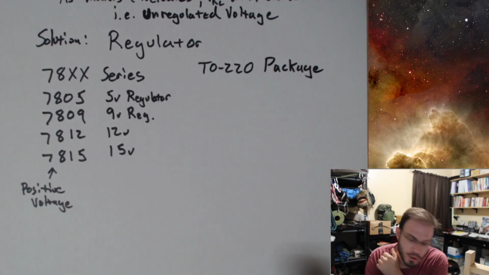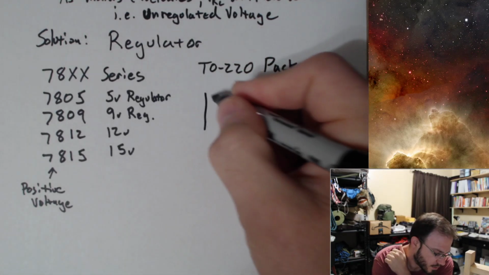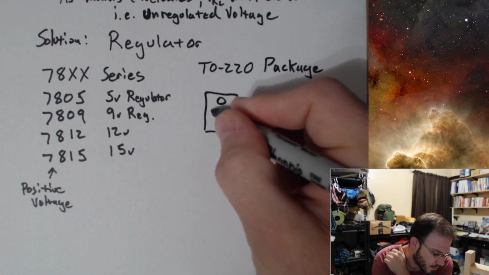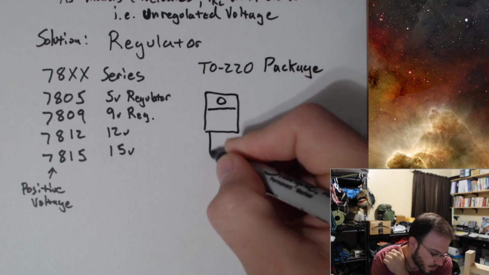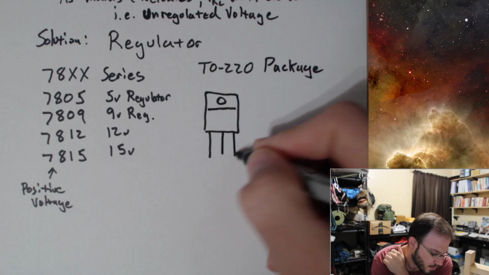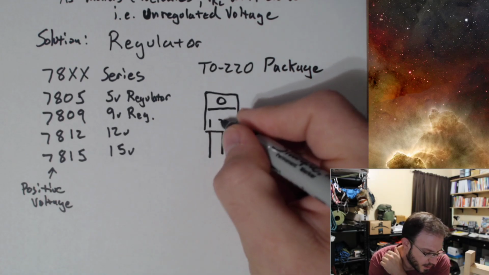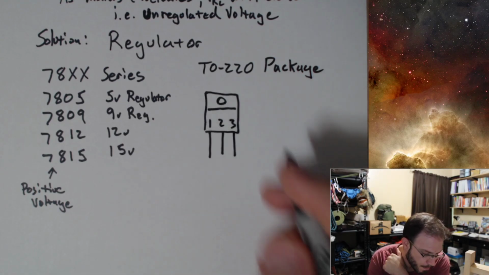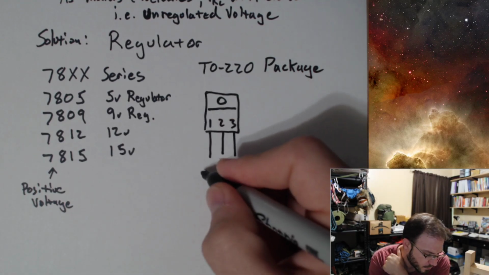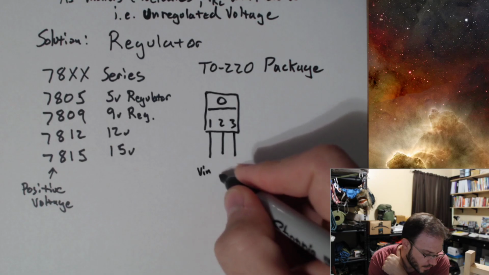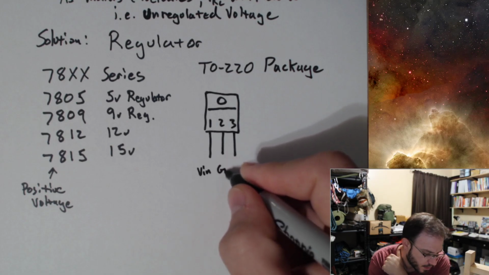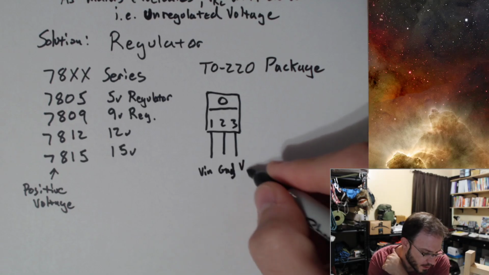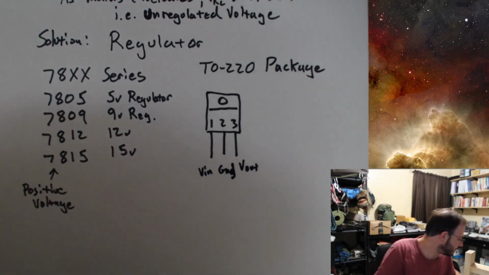And the TO220 package looks a bit like this. Pin 1, 2, pin 3: V in, ground, and V out.